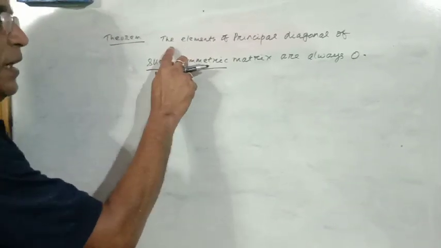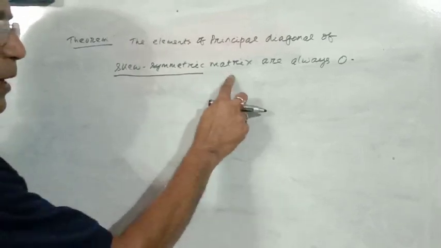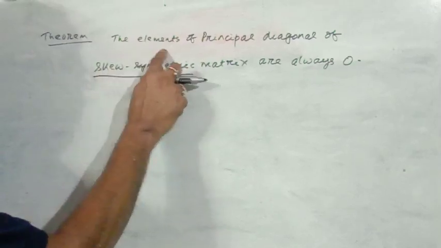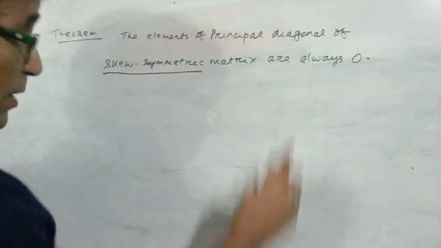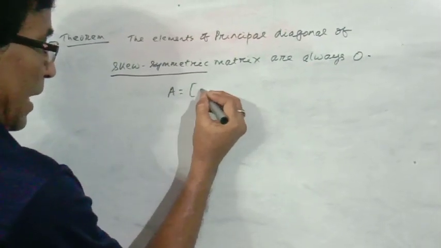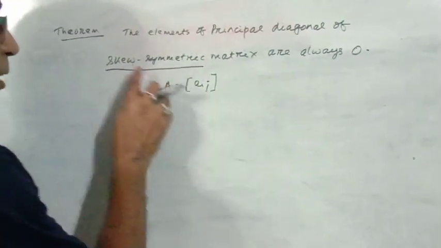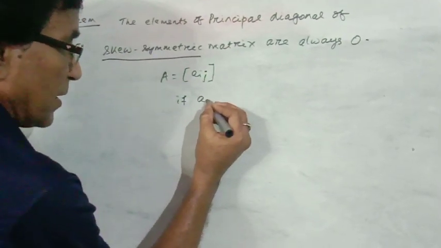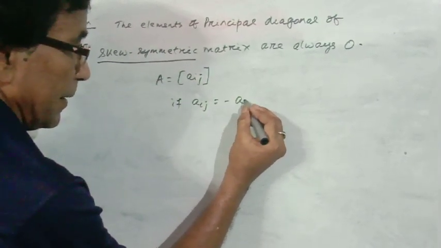Consider a theorem. The elements of the principal diagonal of a skew symmetric matrix are always 0. Next, here we will prove that the elements of the principal diagonal of a skew symmetric matrix are always 0. We know that the square matrix A, that is matrix Aij, is called a skew symmetric matrix if it satisfies the condition that Aij is equal to minus Aji.